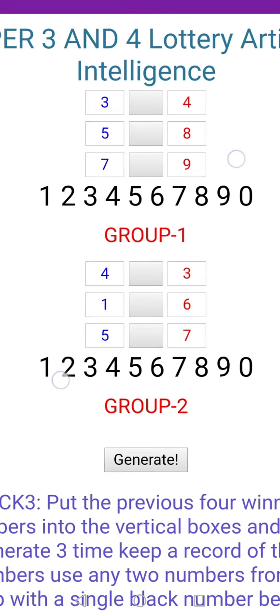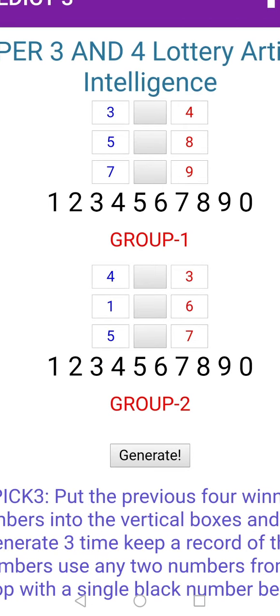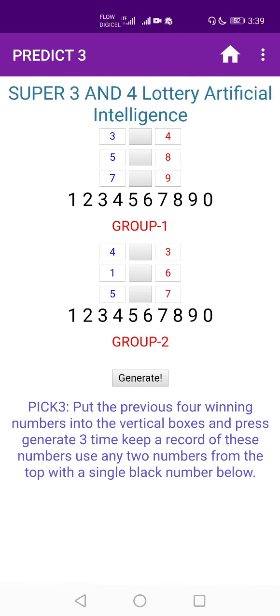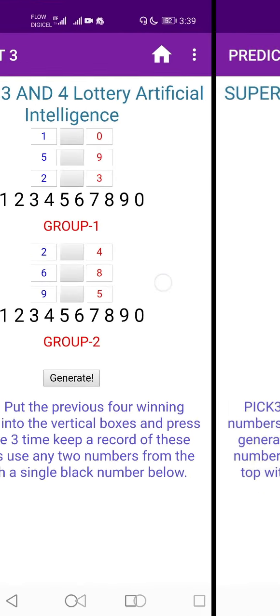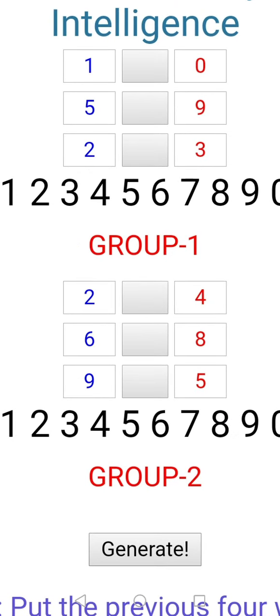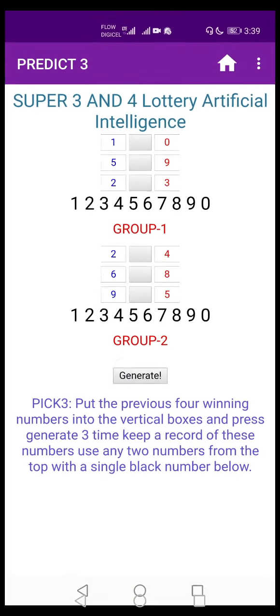And here we have 5 and 9 in group 1, right here, but we don't have it down here, so we can't use 5 and 9 here as a number that shows up twice, because it doesn't show up twice. It shows up twice here, 5 and 9. Look at it at the top here, 5 and 9. And look at down below, 9 and 5, right?